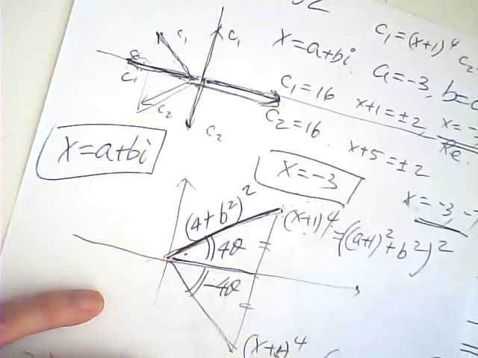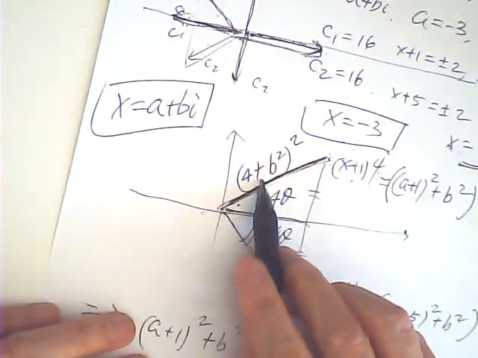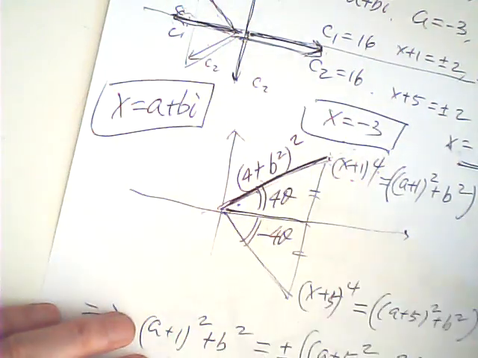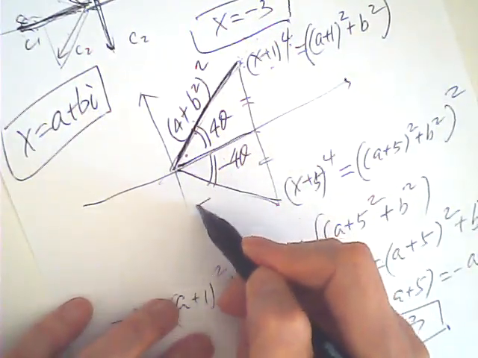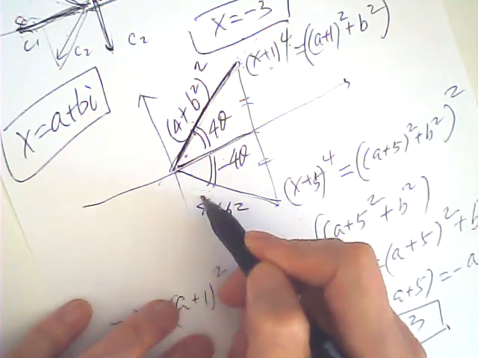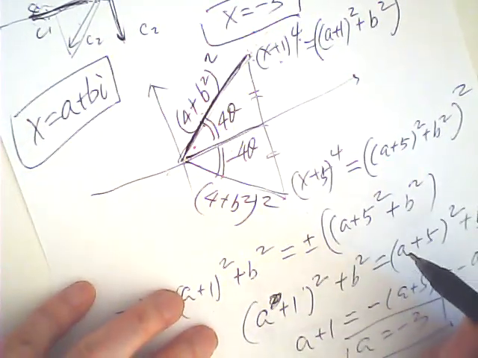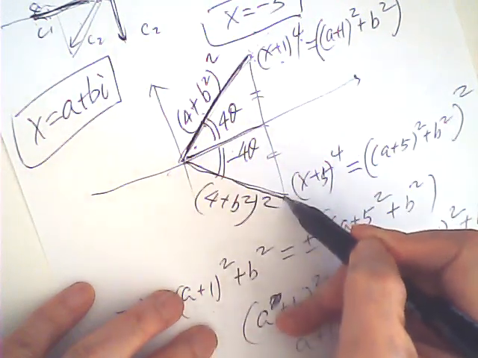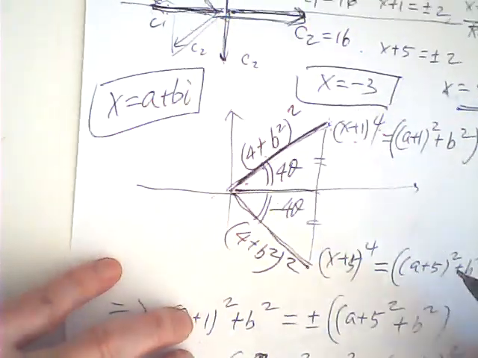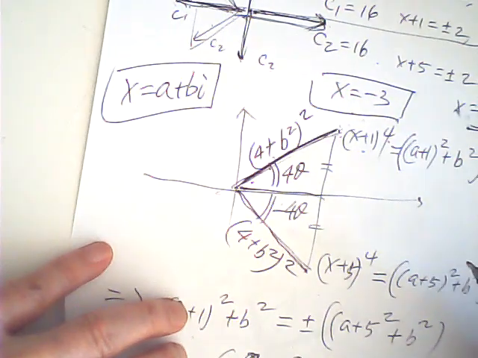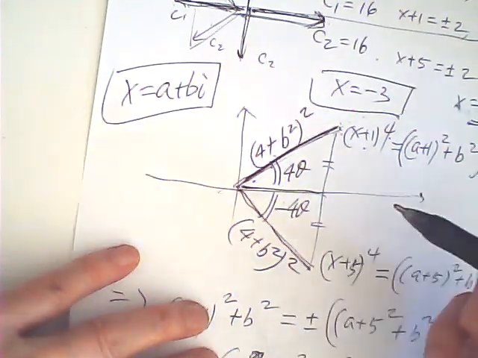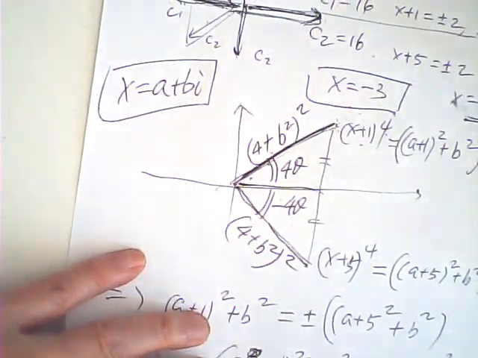This becomes square, yeah. The square root, 4 times, becomes this. This is 4 plus bi squared. I hope it makes sense.